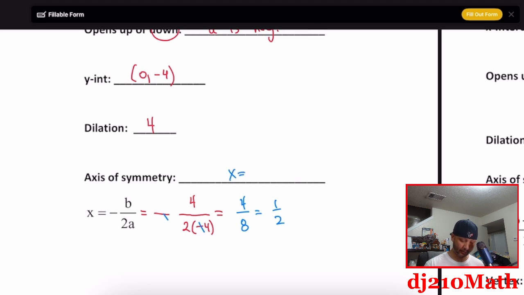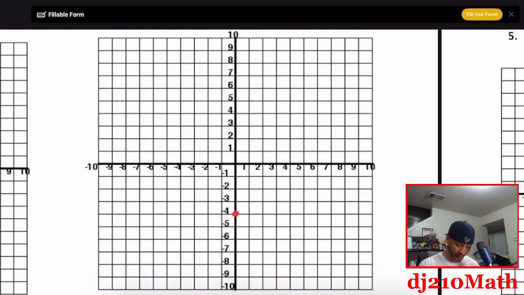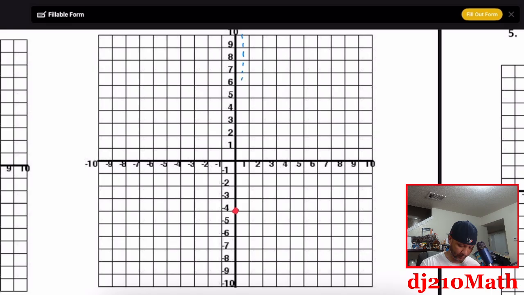Axis of symmetry again. X equals 1/2. Positive 1/2. So we get this line here.